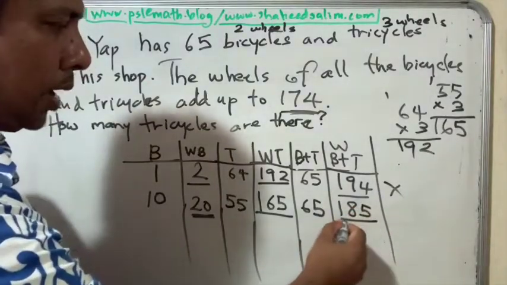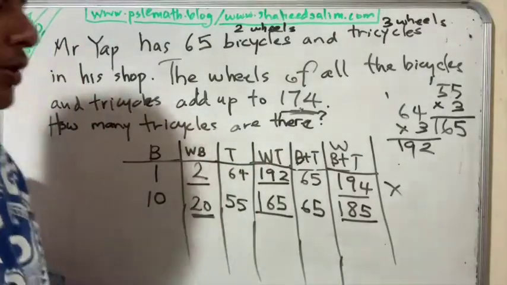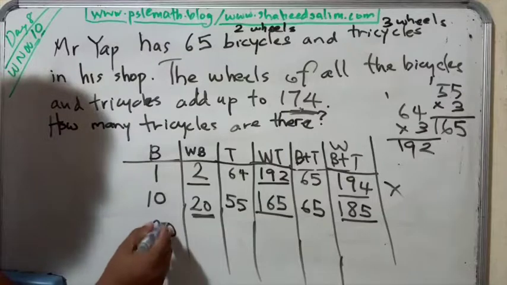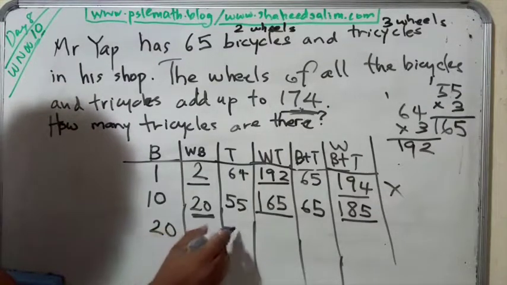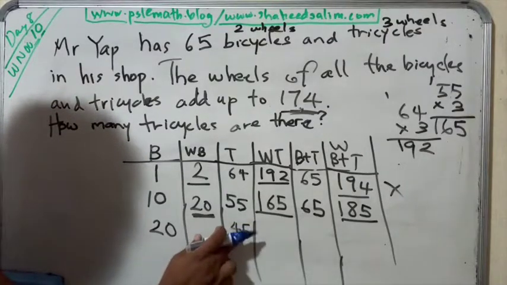185 is still more than 174. So let's increase it. Let's try 20. If you have 20 bicycles, you must have 45 tricycles. Alright?